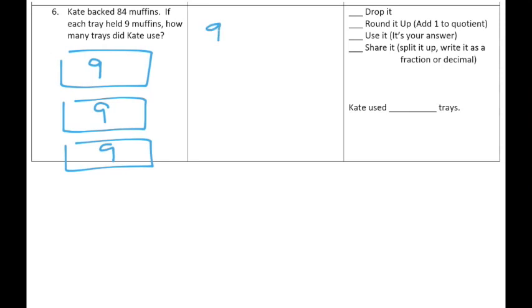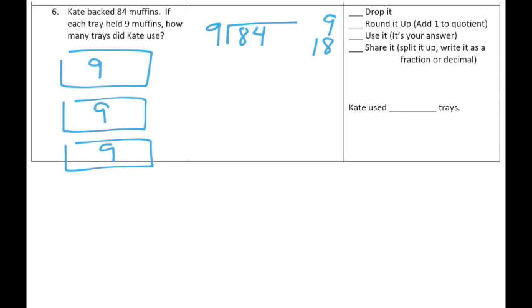If I wanted to draw a picture, I could do that, and I could keep drawing until I got to the number around 84, right? So 9, 18, 27, and so forth. But instead of drawing it out, we will go ahead and do our division steps. We're seeing how many times does 9 go into 84.